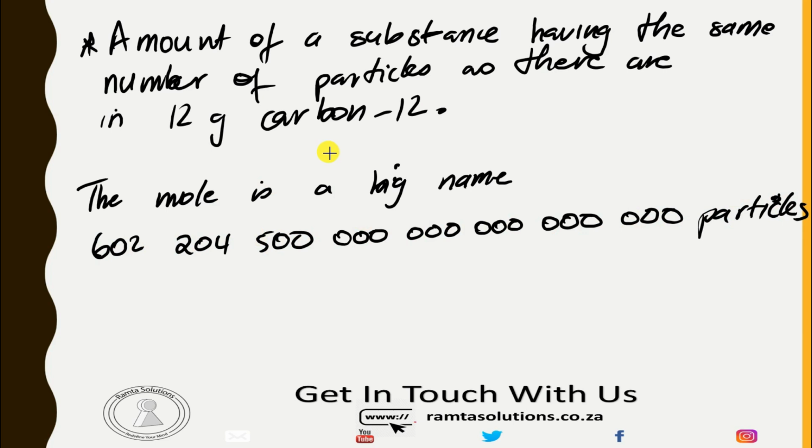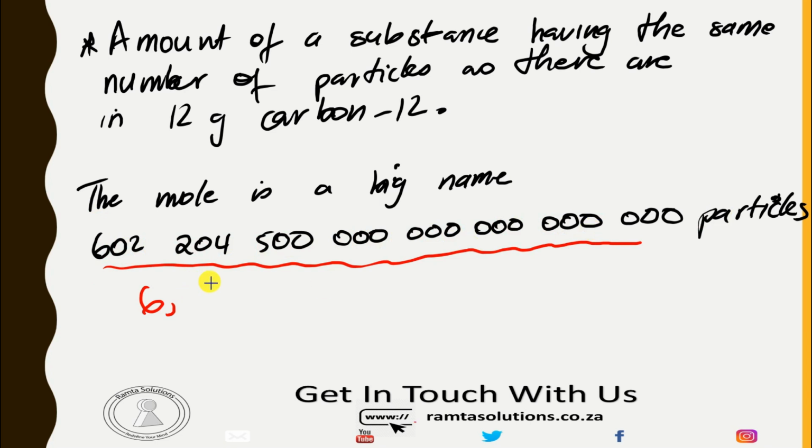Look at this number. I don't even know how to call it, but because we are doing science, we know that this number can be simplified. Count with me. We have 6. After 6, how many digits do we have? 23.